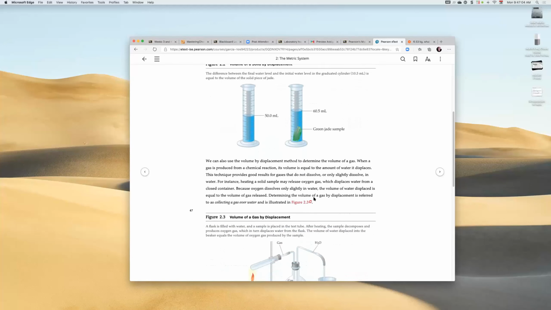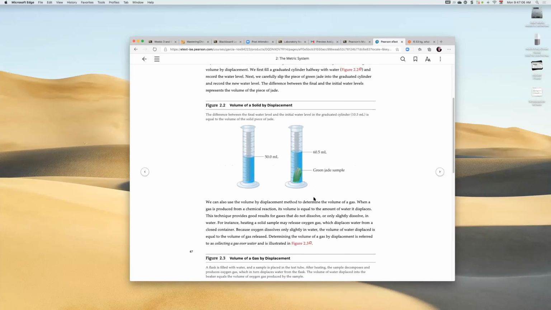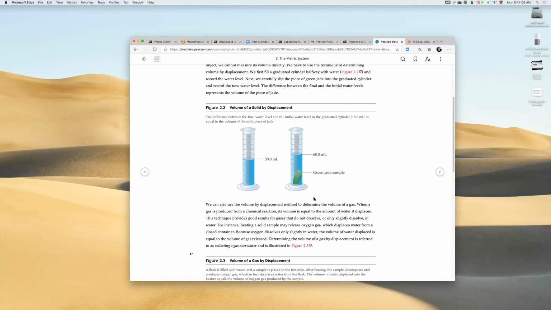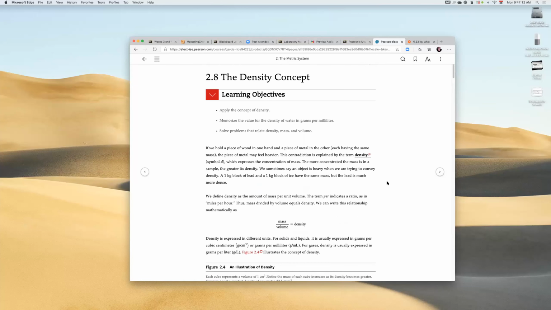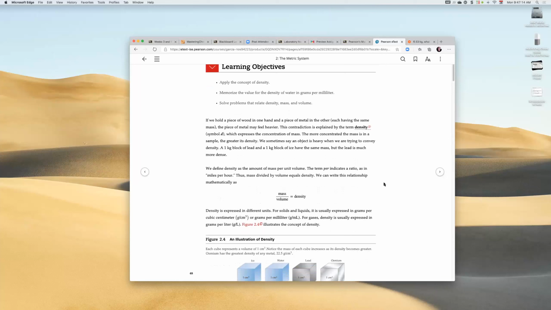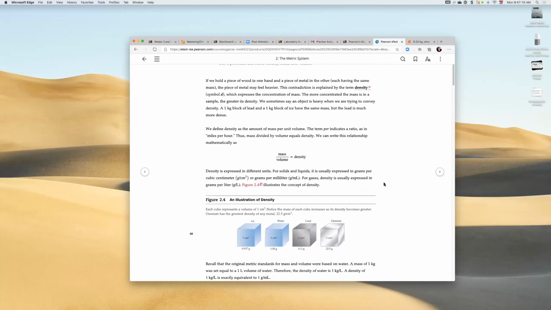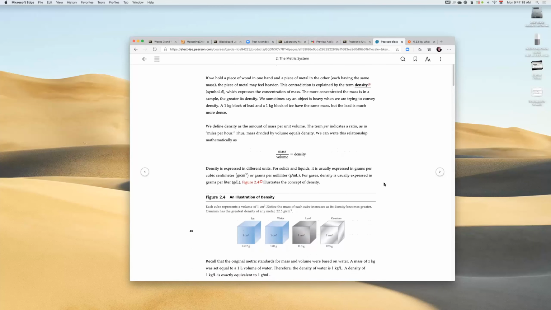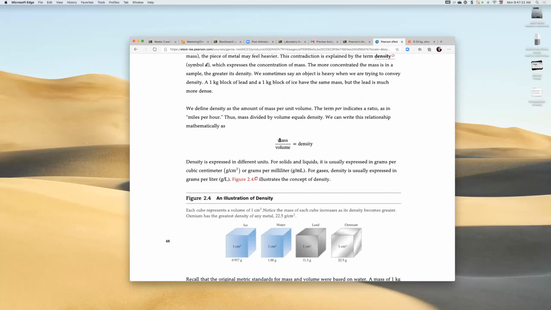And you didn't have to do any math. It was done simply by dropping it into the liquid. So that's an important concept to have, because when we do density, we often rely on volume by displacement to measure density.